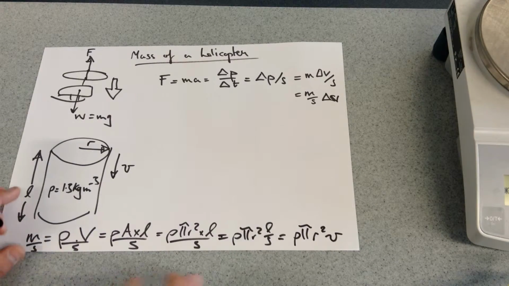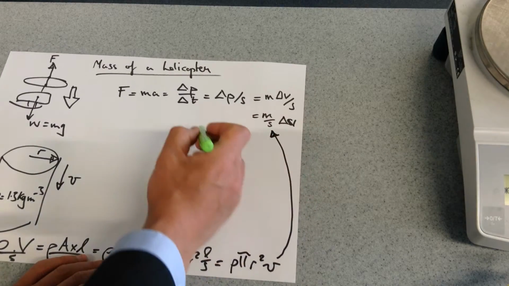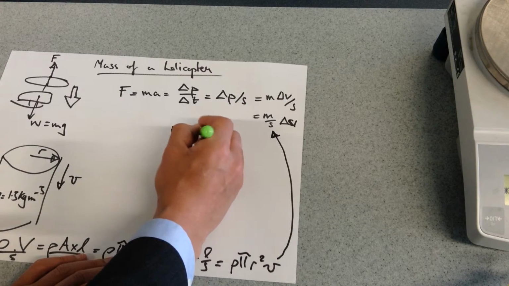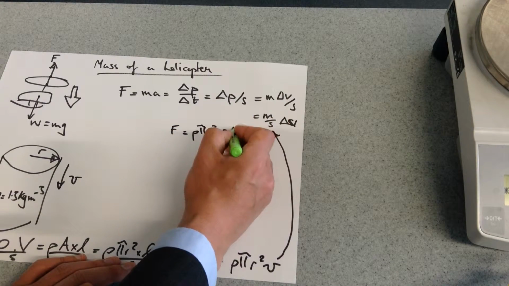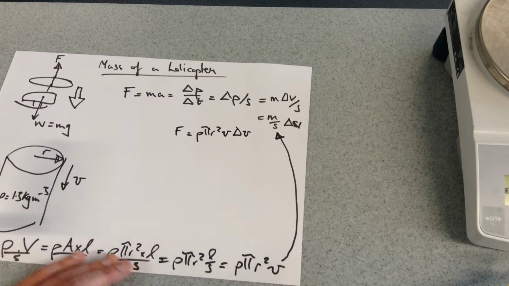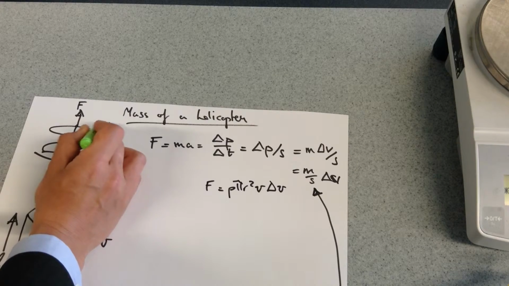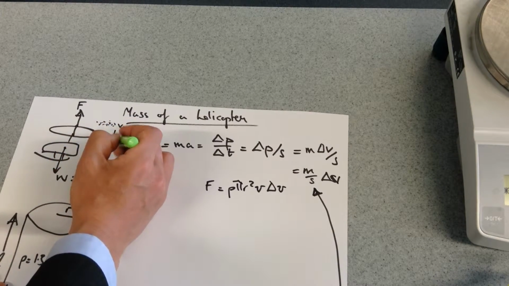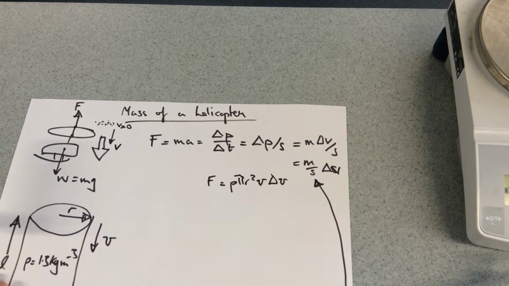Good, let's work that back then. Let's take this expression and plug it in there. So the force is now rho pi r squared v times the change in v. And once again, another big assumption I'm going to make is that the air particles above are sitting at zero speed, and when they're thrown through, they gain a velocity of v.